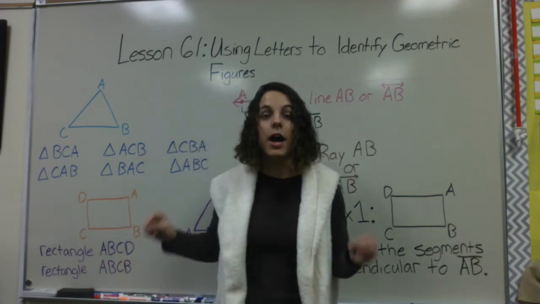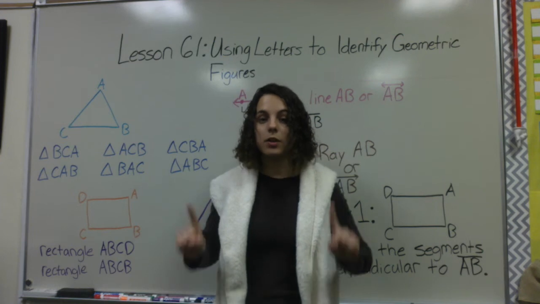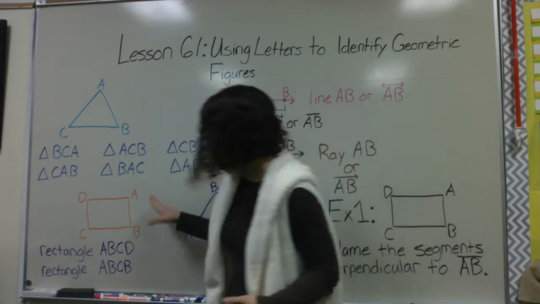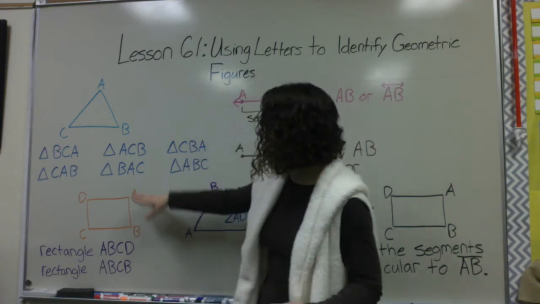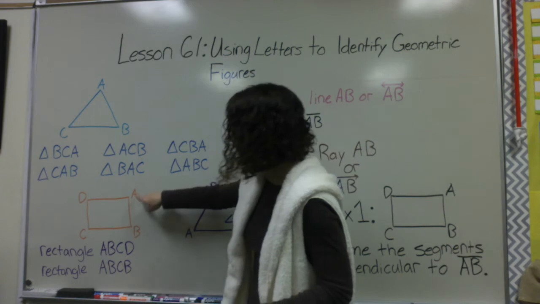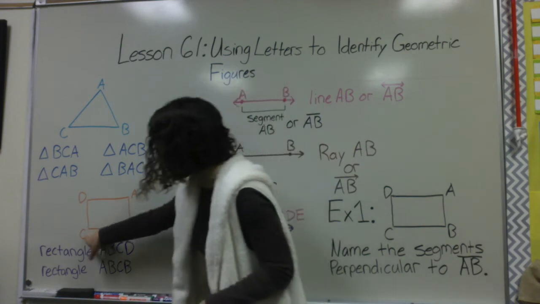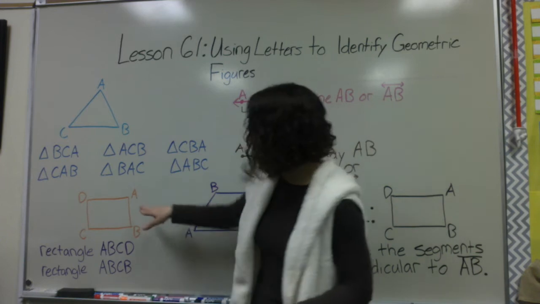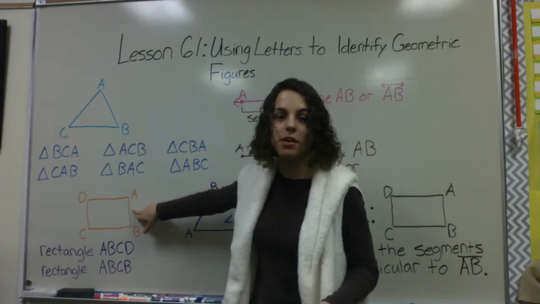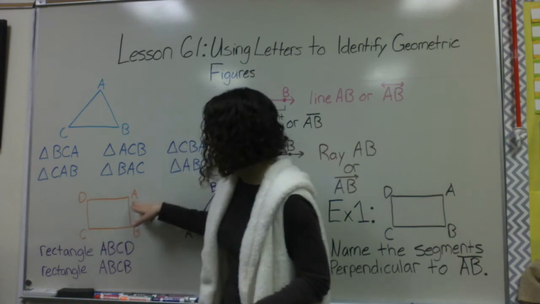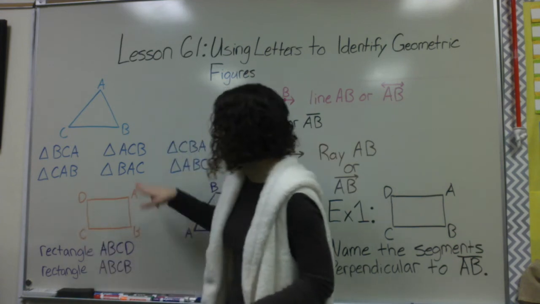It does not matter. What does matter with rectangles and any other shape or figure that does have more than 3 sides is that I cannot jump across and say rectangle ACBD. That is not a rectangle. I must follow the lines. So it does not matter where I start, but I cannot jump across corners.